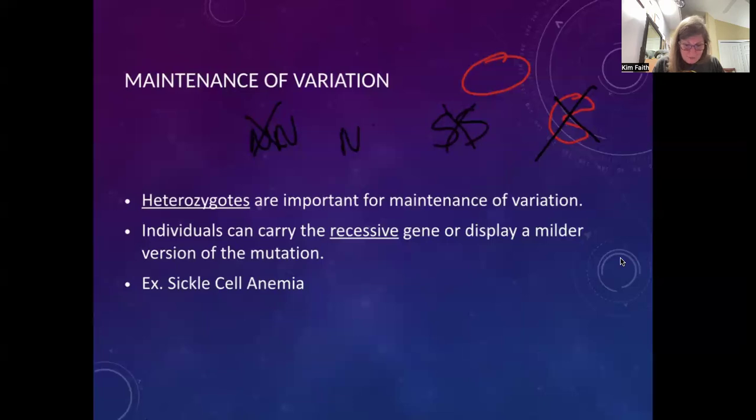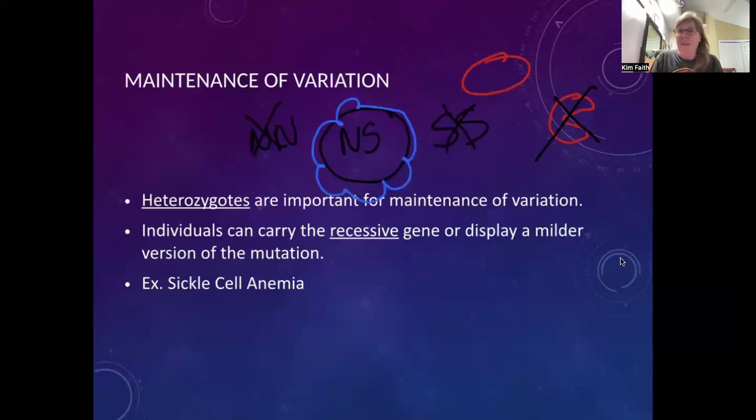Now, if you're heterozygous, you have one normal gene, one sickle cell gene. You have mild sickle cell anemia, but you also get protection from malaria. So this group of individuals, yay, they are selected for in Africa. Okay, the heterozygous have what hybrid, I just forgot the word, but they are selected for.